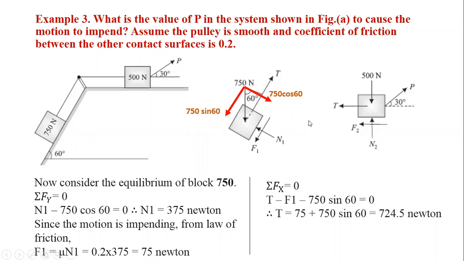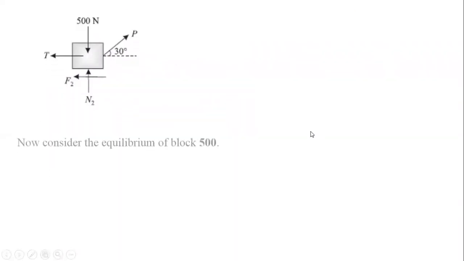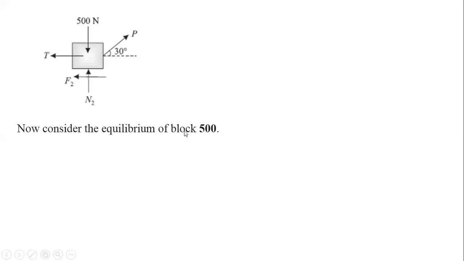Now once you get this value, the next procedure is to find the P force in the block of 500 Newton. Now let us consider the free body diagram of the 500 Newton block. Let us consider this block is in equilibrium. Again here we are taking the summation of all vertical forces equal to 0.